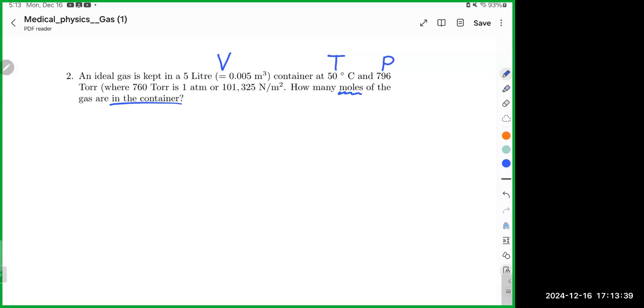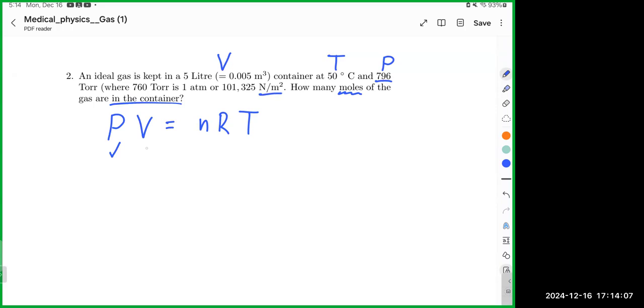This is a straightforward problem because if you know the relation of the ideal gas, you put it out. You know pressure, which is right here, 796 torr, and you can convert it into the SI unit later.